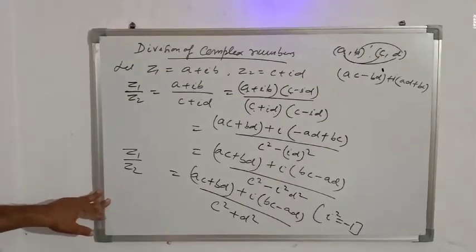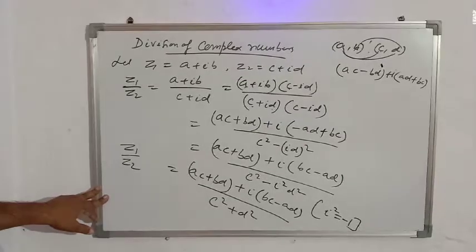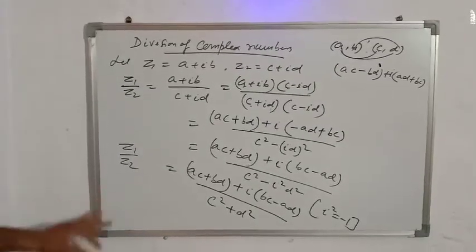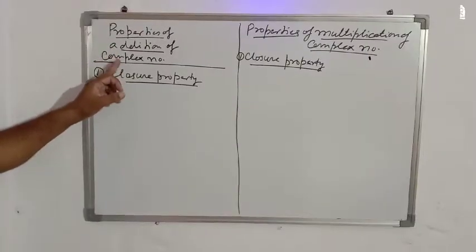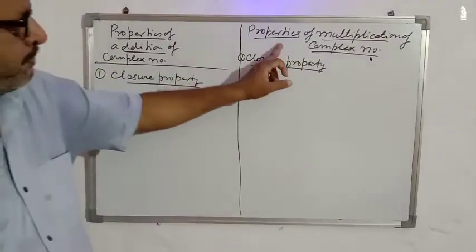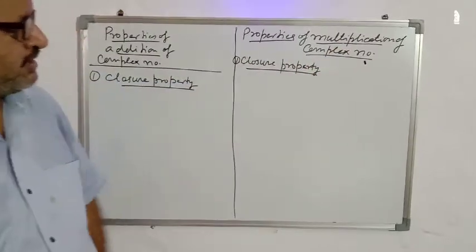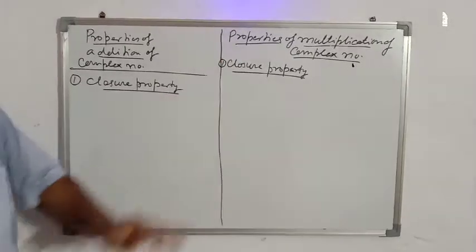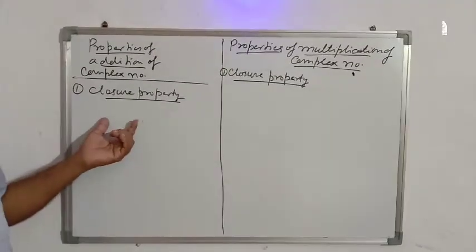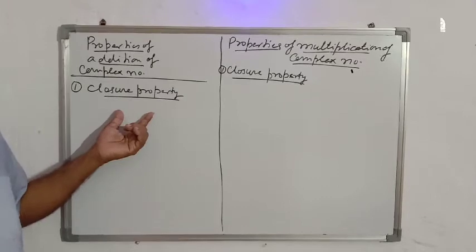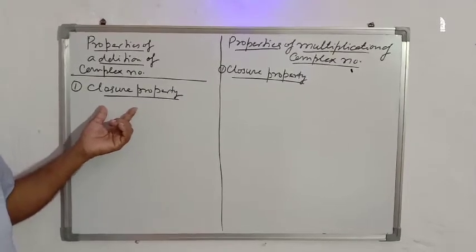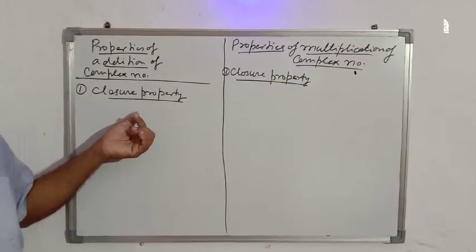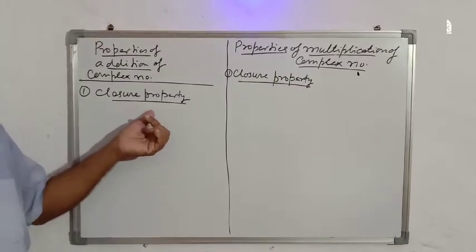Next we will study the properties of addition and multiplication of complex numbers. Properties of addition of complex numbers, and here properties of multiplication of complex numbers. So first property, closure property, for both. What is closure property? If we take any two elements from a given set and operate under given operation, and again we are getting an element from the same set, it means closure property is satisfied there.